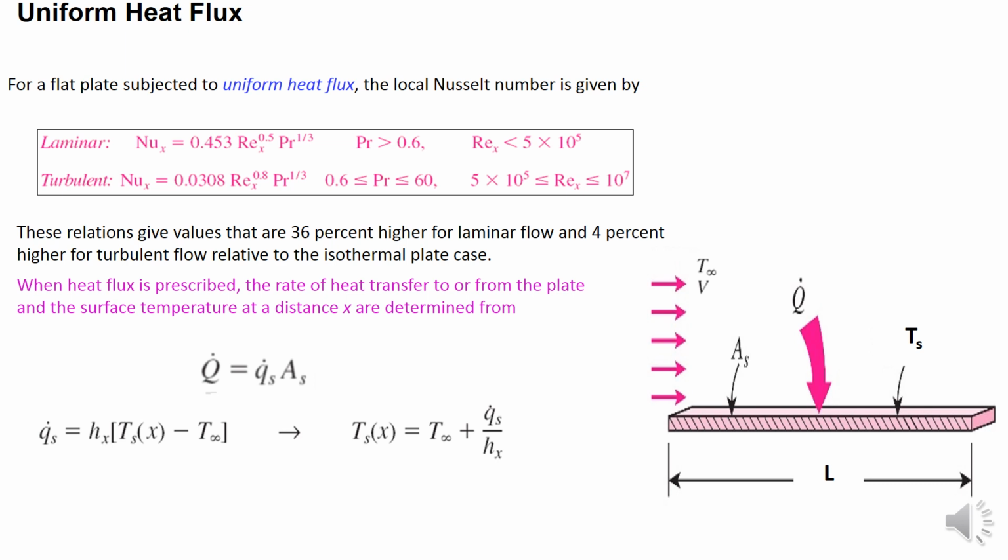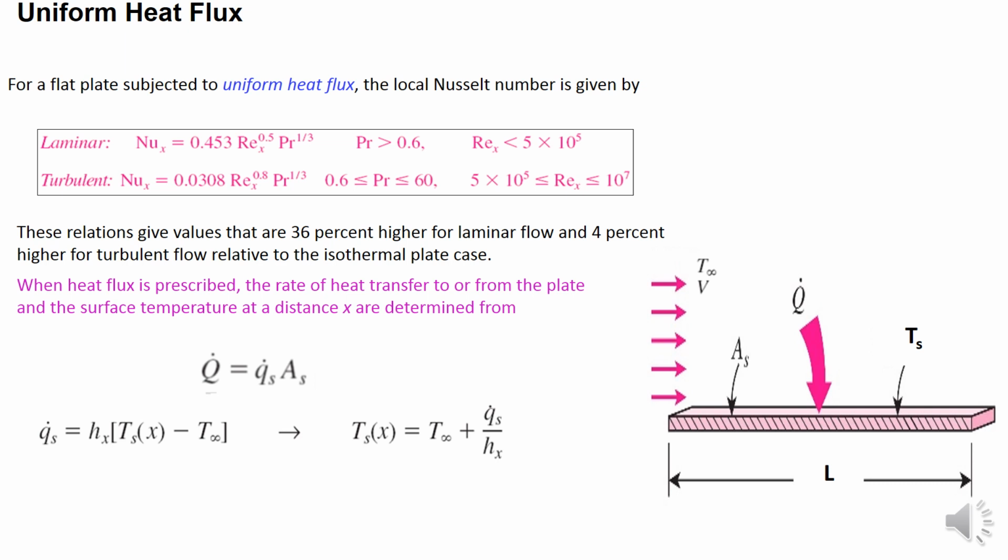Before this, we considered that the flat plate has a uniform or isothermal surface, which has the same temperature. Now there is another boundary condition where the heat flux is uniform throughout the flat plate. Same as previously, we have laminar and turbulent flow, with the same ranges of Prandtl and Reynolds number.